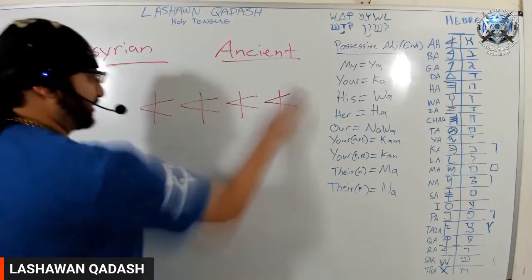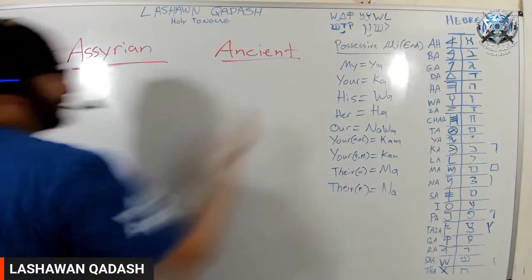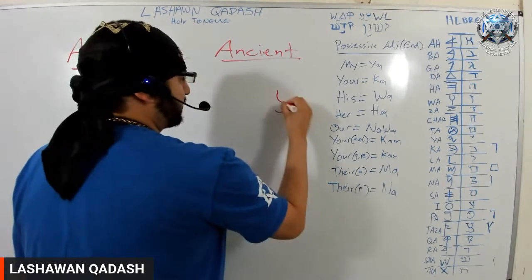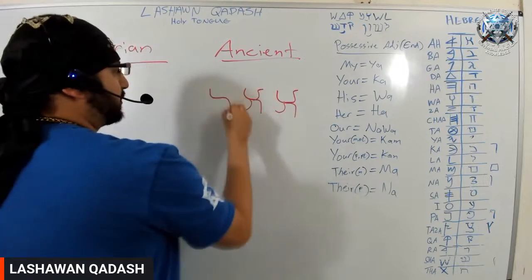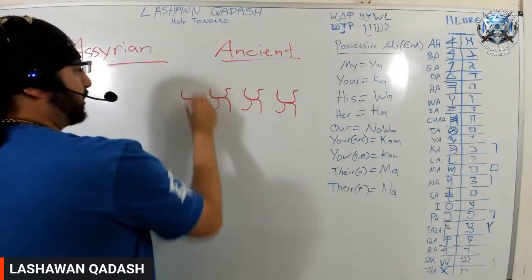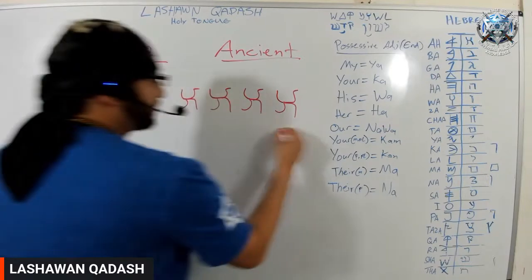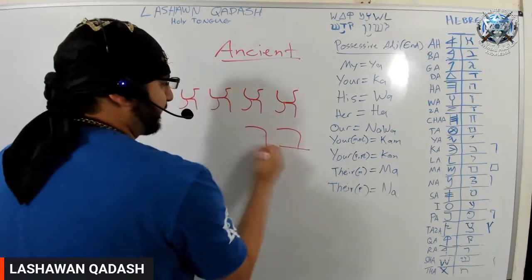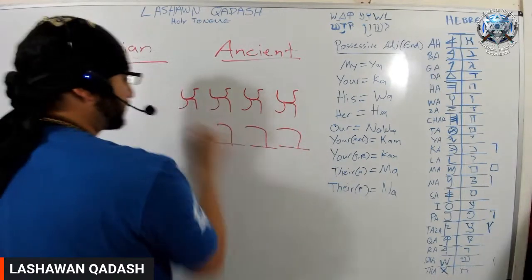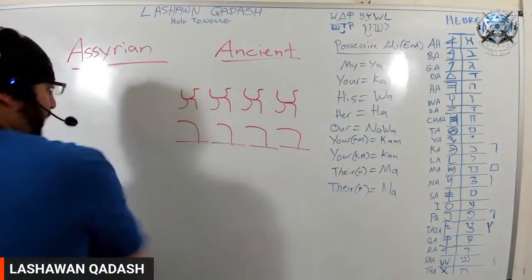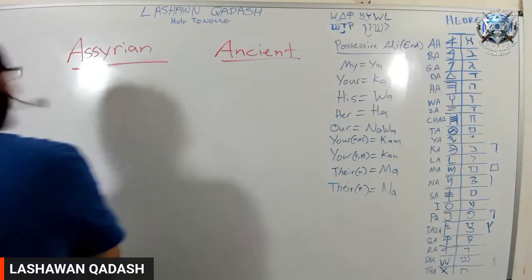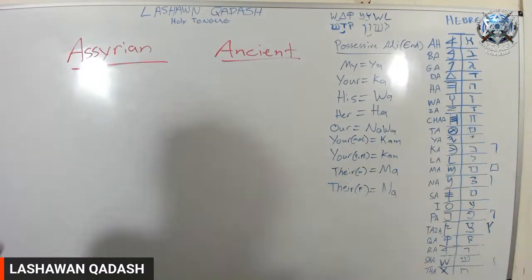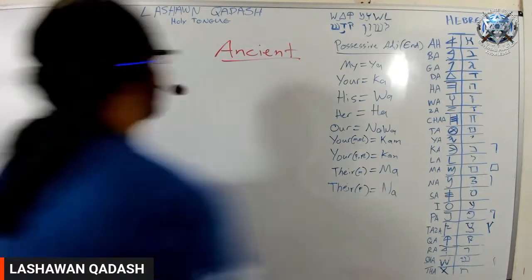Same thing in the Assyrian Hebrew, ah, ah, ah, and then ba, ba, ba. The reason why I say it's important for you to say it is because of this drill that we're doing right now. Keep going.